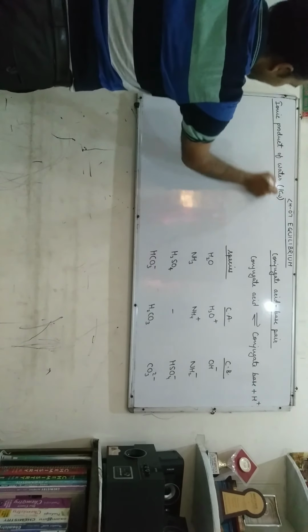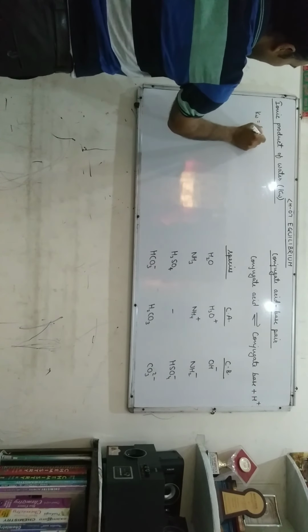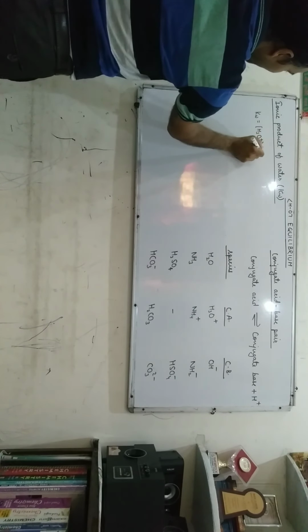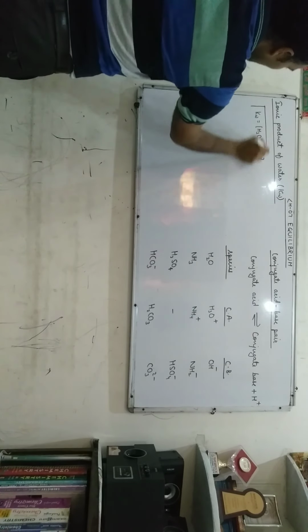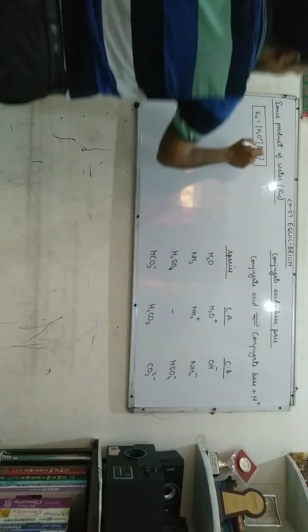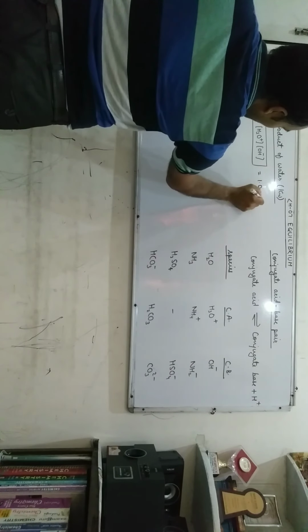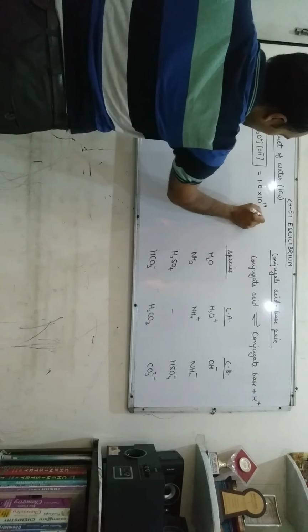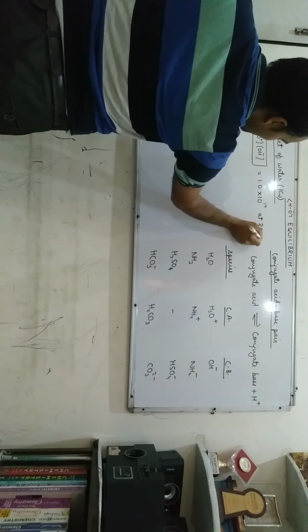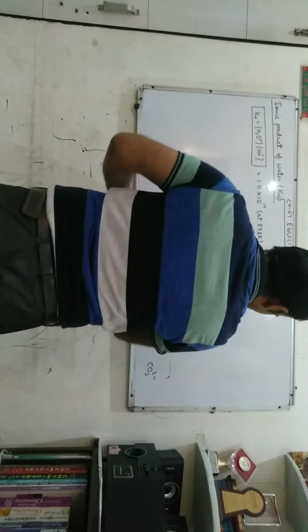It is defined as the product of the molar concentrations of hydronium ion and OH negative ion, and its value is 1 into 10 raised to power minus 14 at 298 Kelvin.